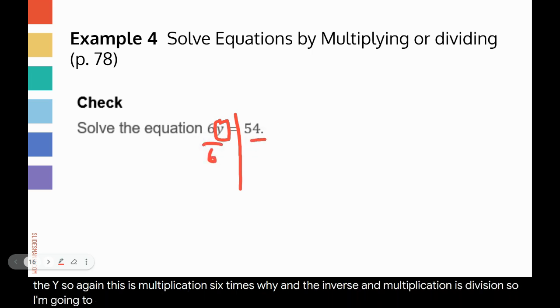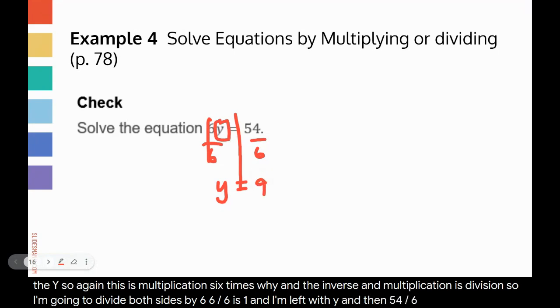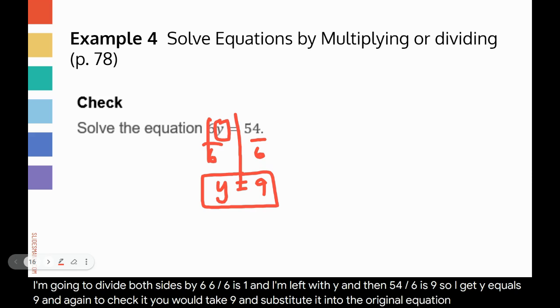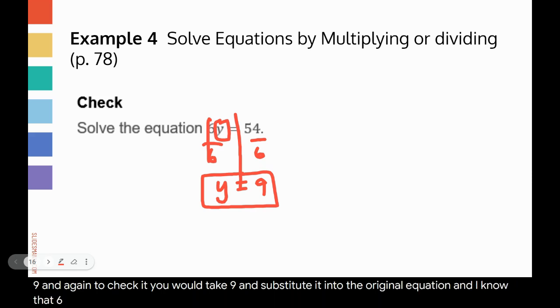So I'm going to divide both sides by 6. 6 divided by 6 is 1, and I'm left with y. And then 54 divided by 6 is 9. So I get y equals 9. And again, to check it, you would take 9 and substitute it into the original equation. And I know that 6 times 9 is 54, so we're good.